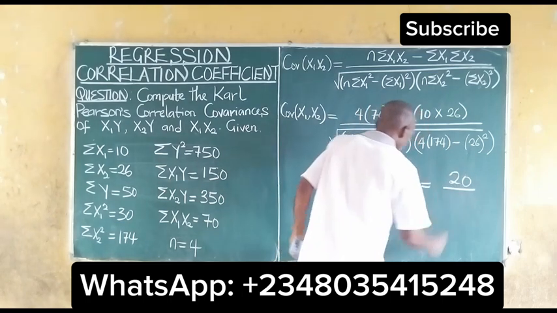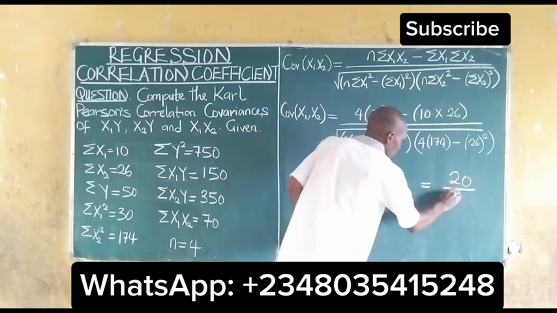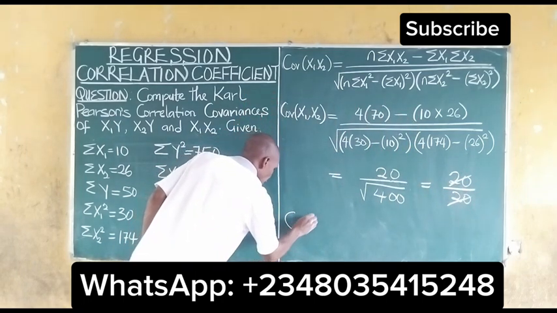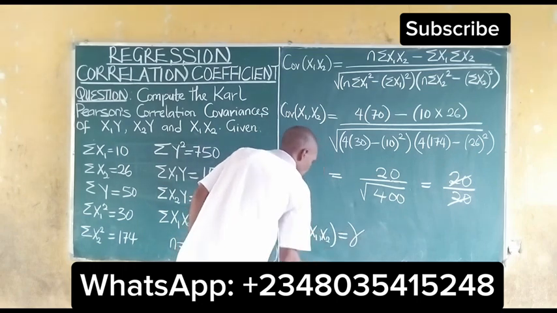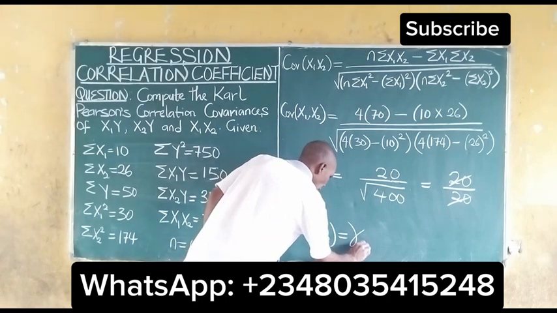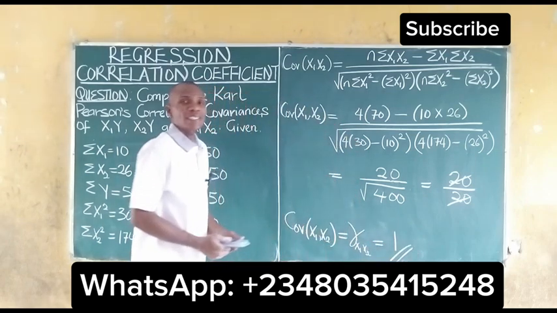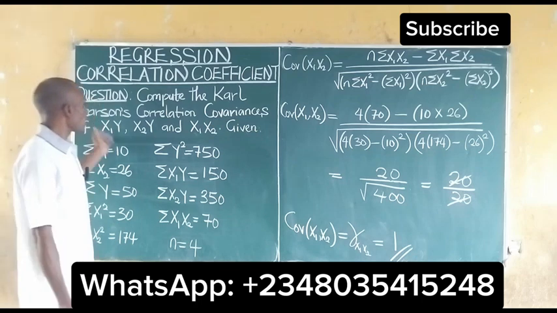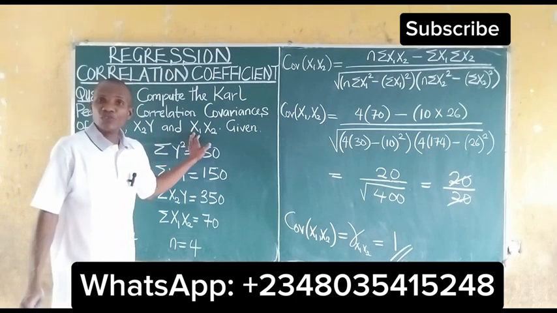So this is 20 and the square root of 400 is 20. So this can cancel this. It then means that our covariance for x1, x2, which is the same thing as the Karl Pearson correlation coefficient for x1, x2, is also equal to 1. So this is how we can compute the covariances or the correlation coefficients for x1y, x2y, and x1, x2.